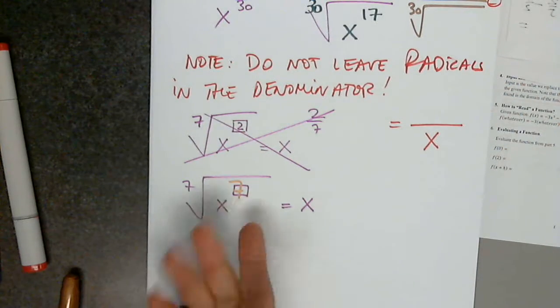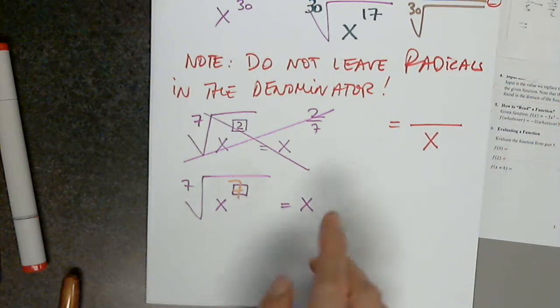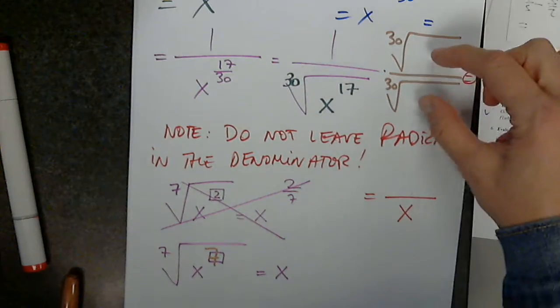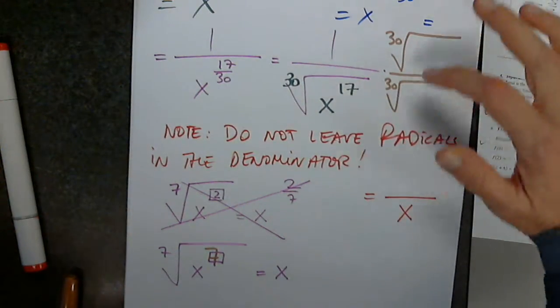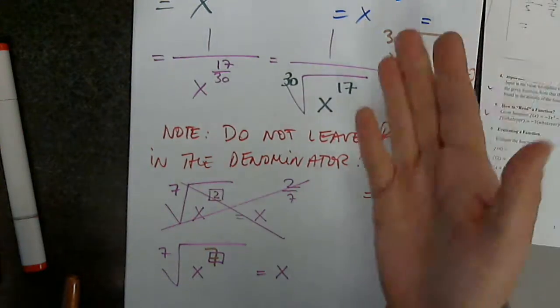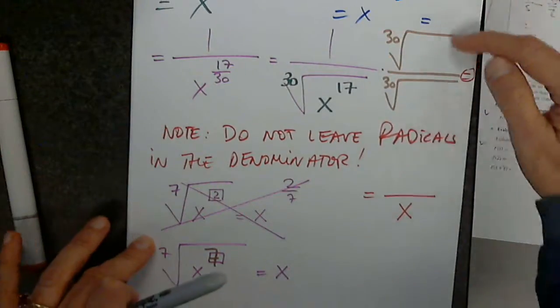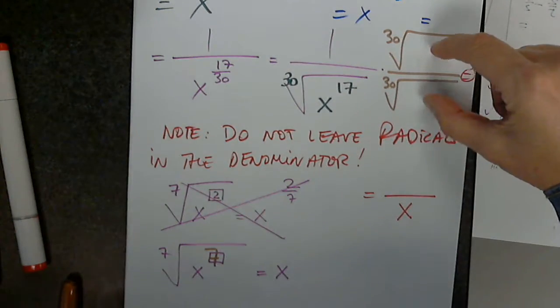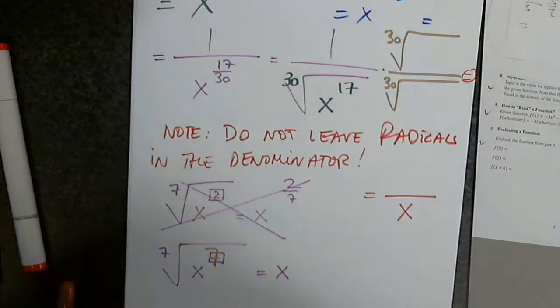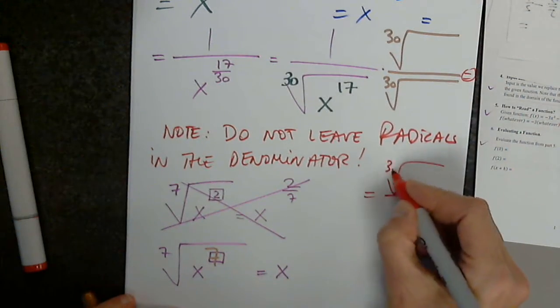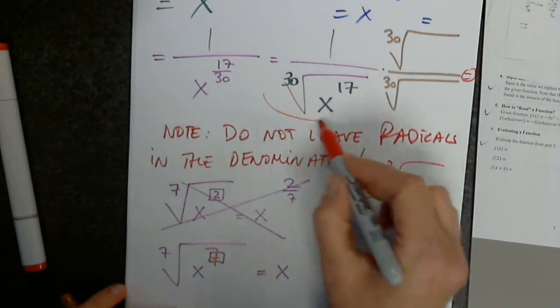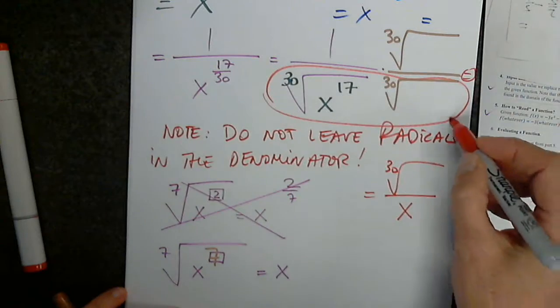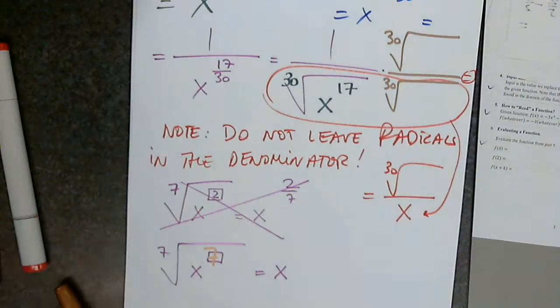You said only 7 because 7 over 7 will be 1. They have to be the same because this is 1. I cannot change this. I can only multiply it by 1 in the form I need. So what do I have to have here? The top will be the 30th root of whatever you tell me. But when I multiply these two, I get plain x.